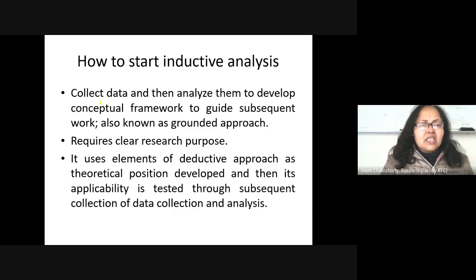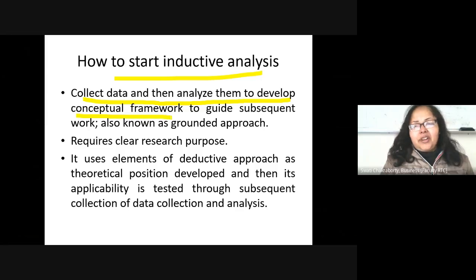Now, how do we start inductive analysis? We first collect data and then analyze them to develop a conceptual framework, which would guide us in any subsequent work. It's also known as the grounded approach, and it requires a clear research purpose.